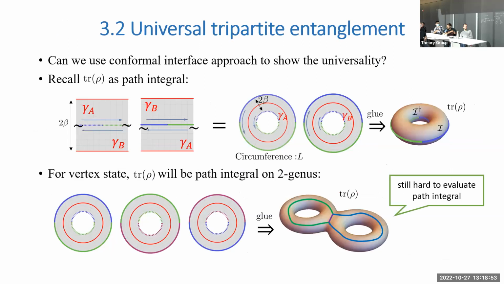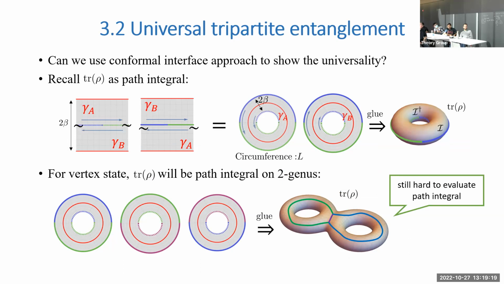But the interesting point is that we can use this approach to compute a more complicated case, like the entanglement related to the tripartition case. So as I mentioned before, for the bipartite case, the density matrix gives a partition function on the torus.